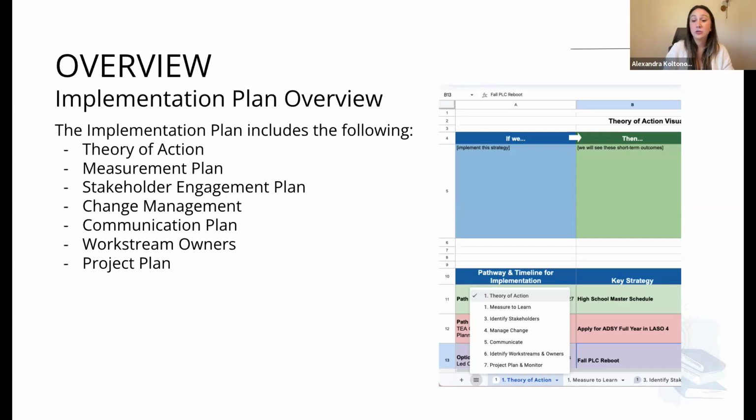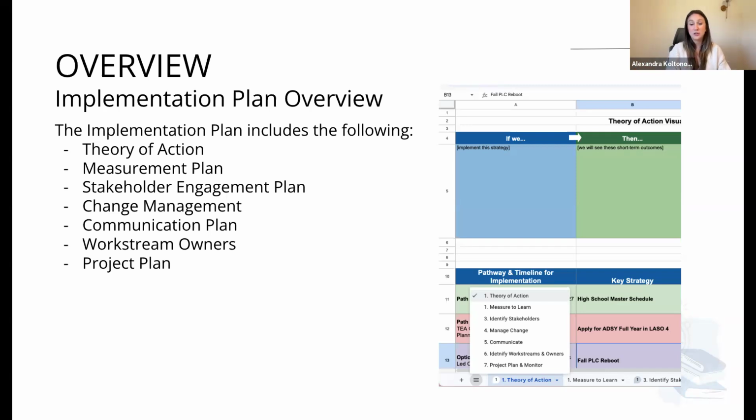The third is your stakeholder engagement plan, identifying who you're going to engage in the process, how you're going to keep them informed, and what barriers you anticipate in including them or different assets they'll bring to the process. Your change management plan, your communication plan.